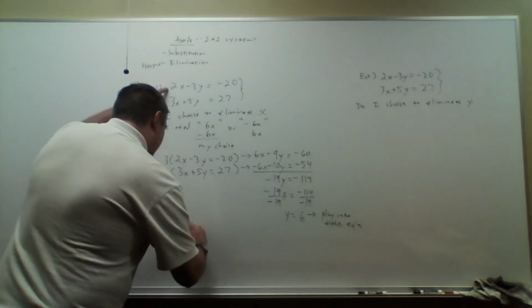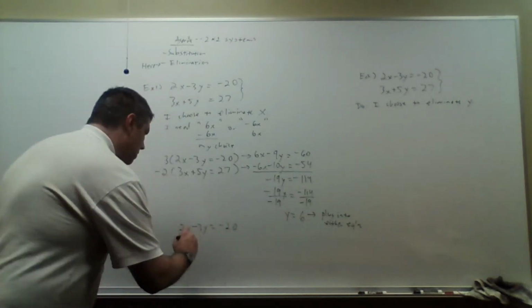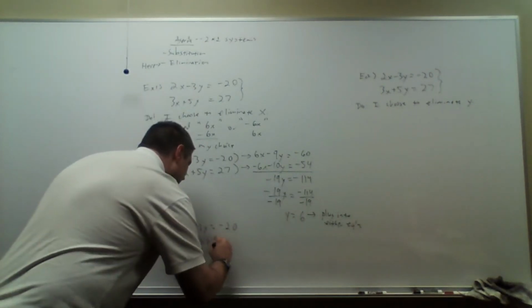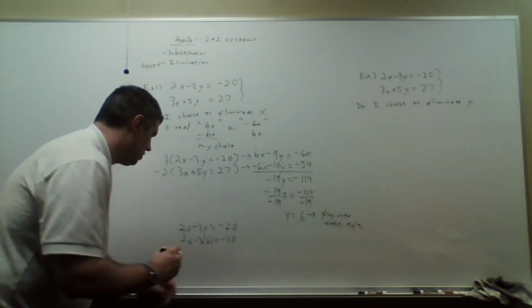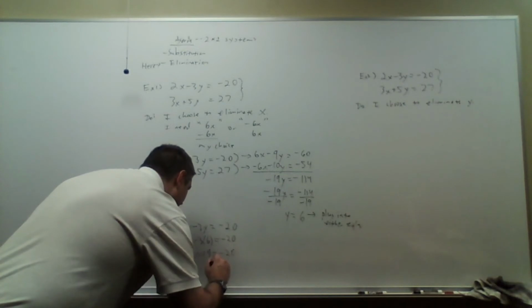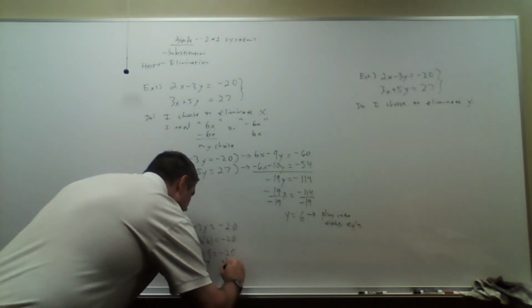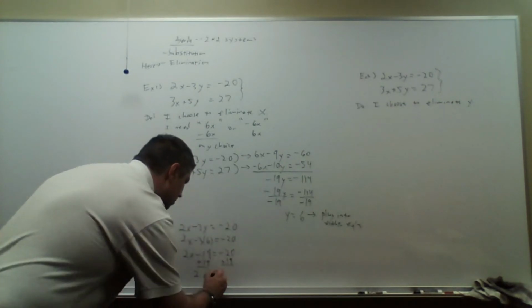That's going to be 2x minus 3y equals negative 20. 2x minus 3 times 6 equals negative 20. 2x minus 18 equals negative 20. Add your 18, and 2x equals negative 2, sorry.